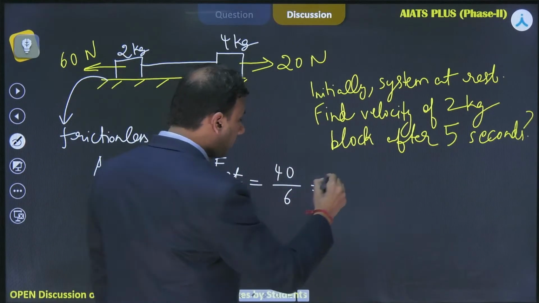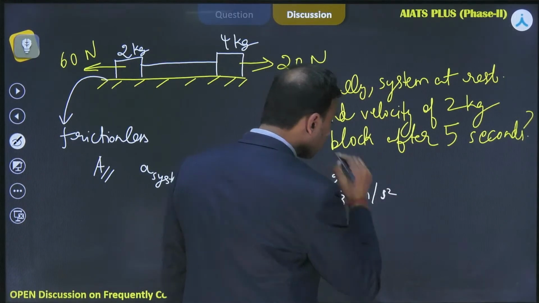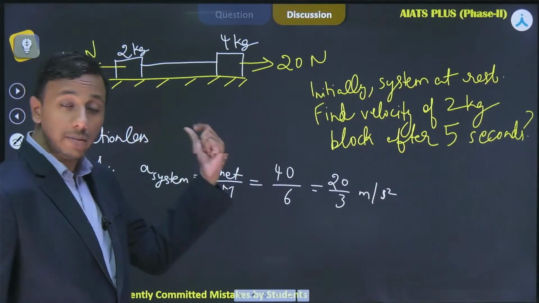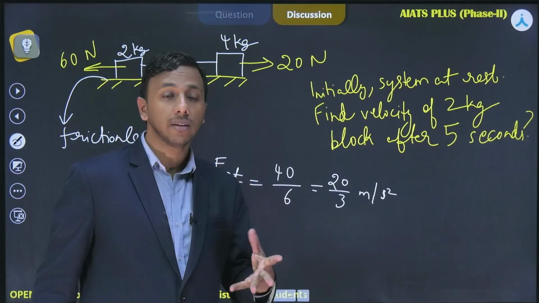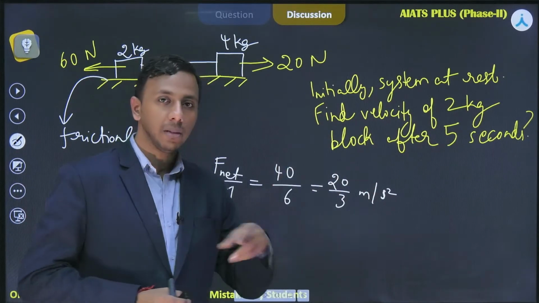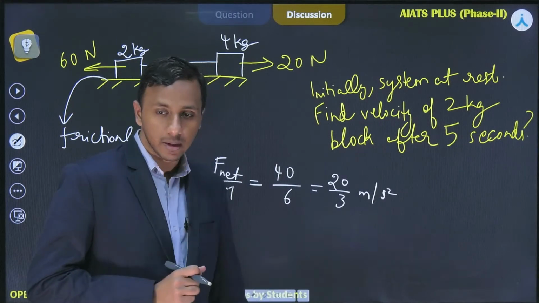So solve it a little bit, it becomes 20 by 3 meter per second square. And remember, they both would have the same acceleration, isn't it? If they don't have the same acceleration, then the string will break, right? Because at some point of time, they will have different velocity. Different velocity means the string will break.